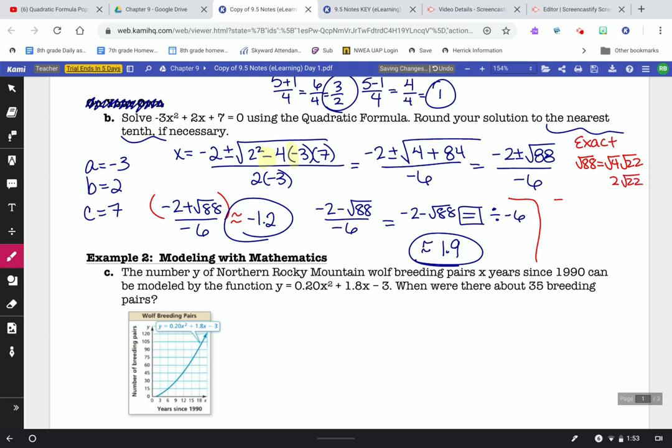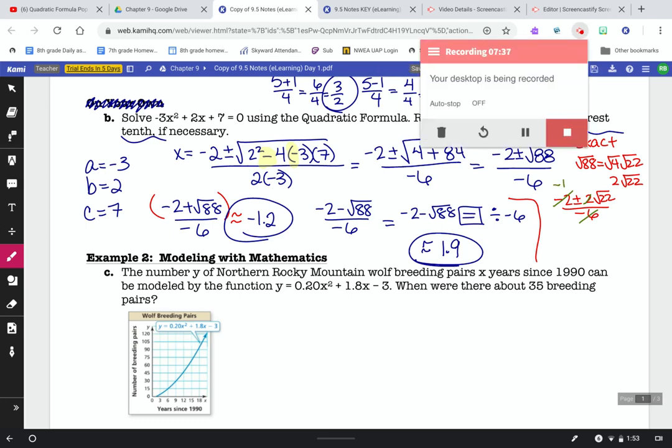So we would have negative 2 plus or minus 2 root 22 over negative 6. And this still would need to be simplified further because the negative 2, the 2, and the negative 6 are all divisible by 2. So we'd have negative 1 plus or minus the square root of 22 all over negative 3. And that would be your simplified version as an exact answer.